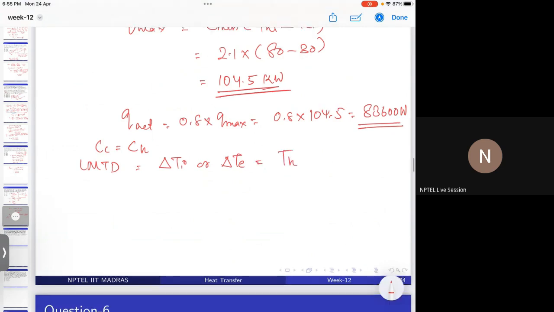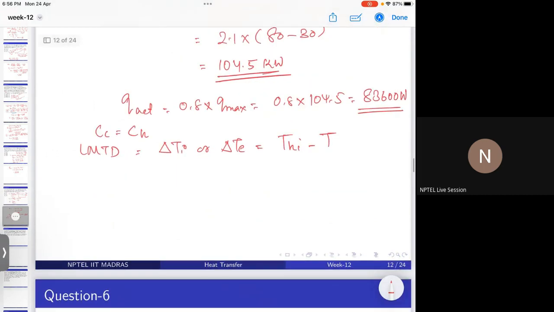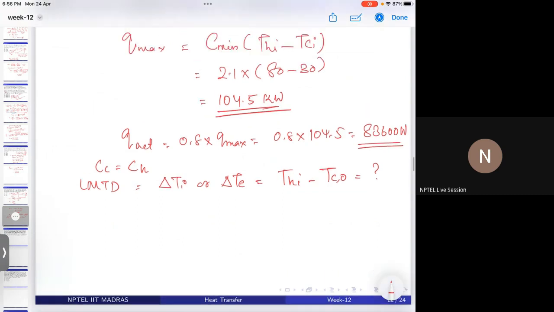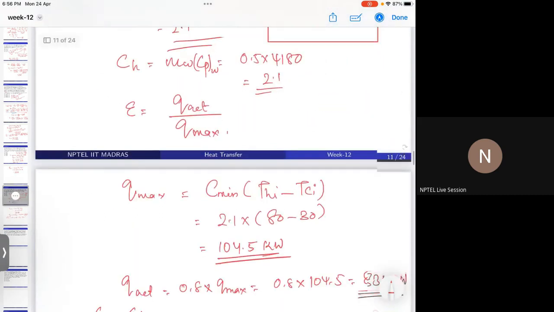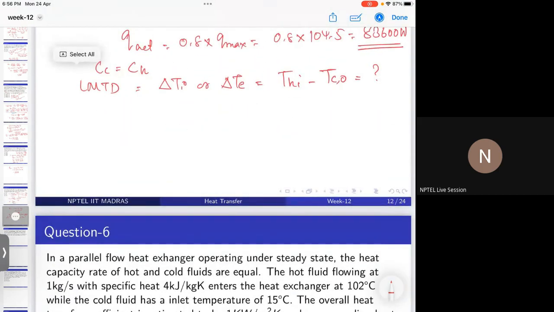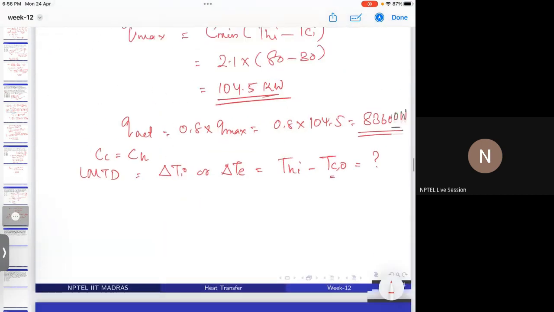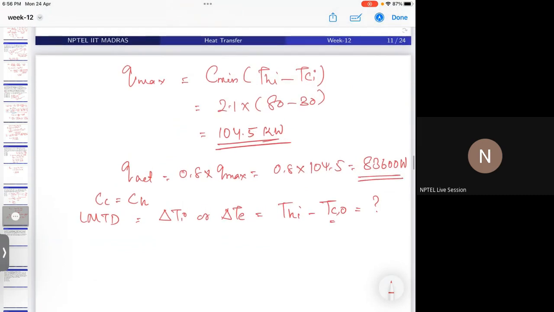So this is equal to Thi minus Tco, where this is Thi, this is Tho, this is Tco, this is Tci. What we know here is Thi. So we have to find out Tco. How to find it out?